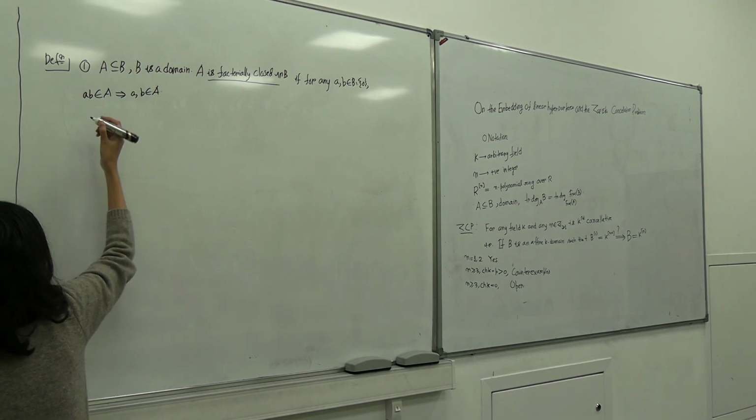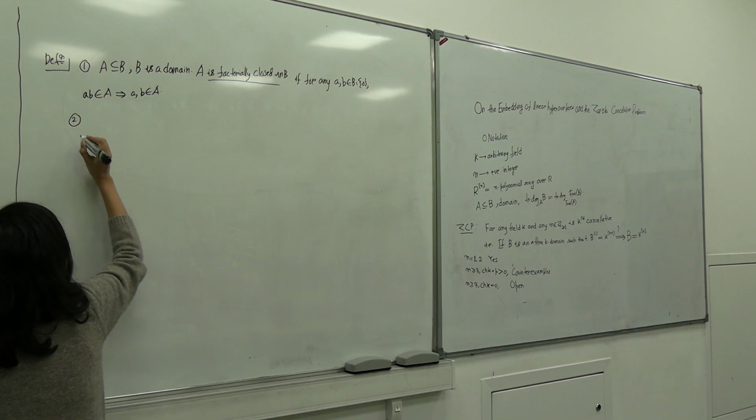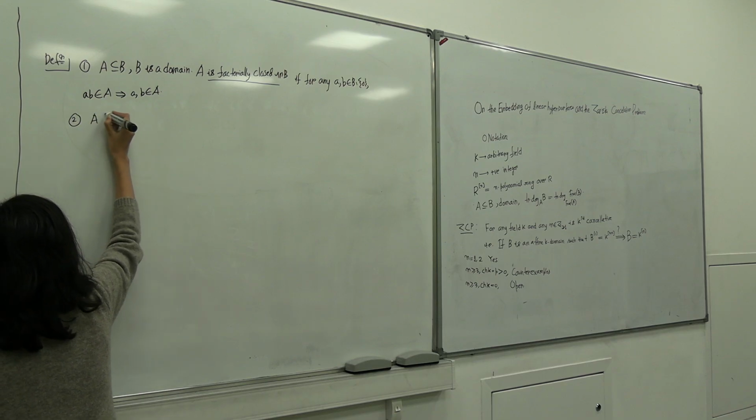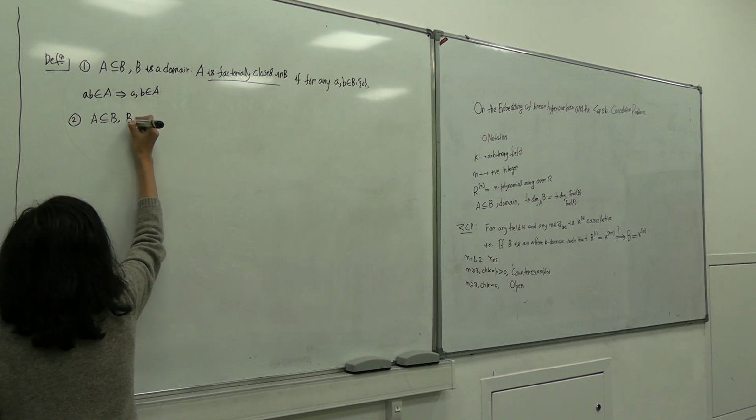Some kind of related definition is something called algebraically closed. Again, A a subset of B, B a domain.